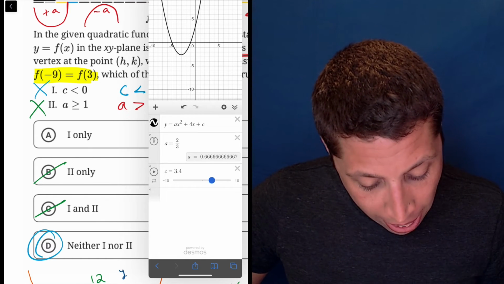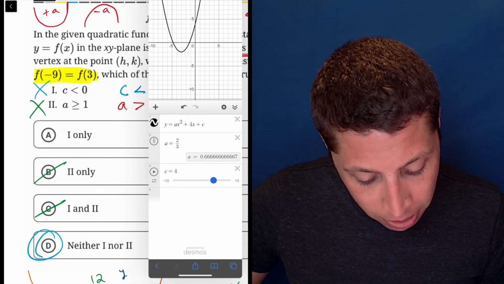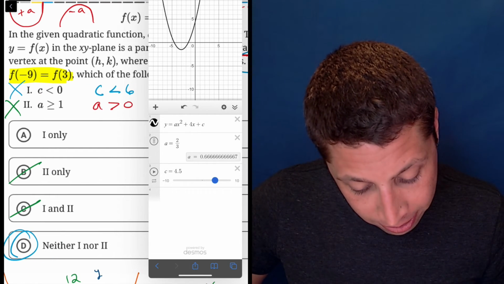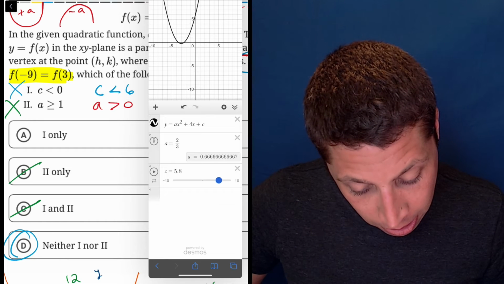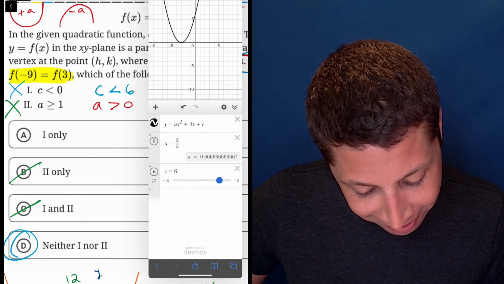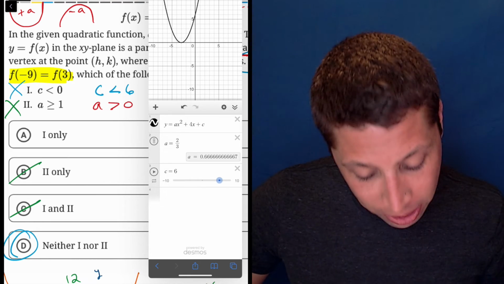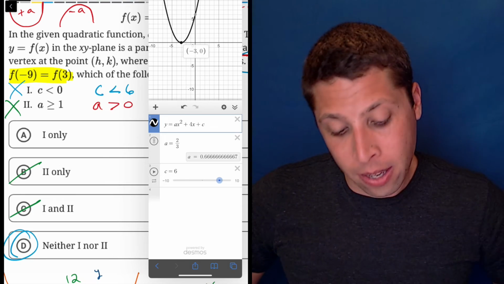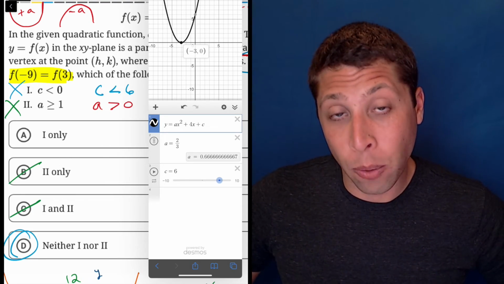And let's see what happens where c is now 3.44, right? We said c has to be less than 6. What happens if we make c 6? Oop, c, come on. There we go. C is 6. Look at that vertex. Now the vertex is at 0, right? Y is 0.